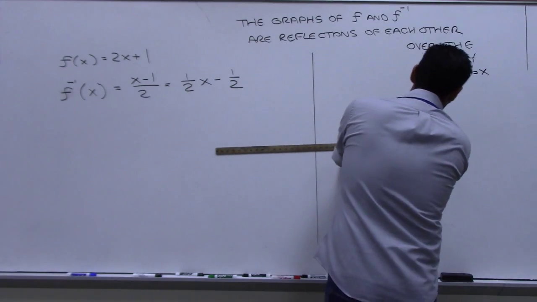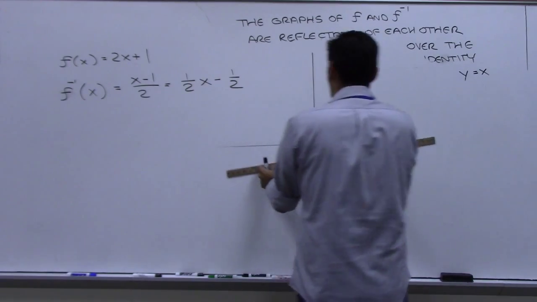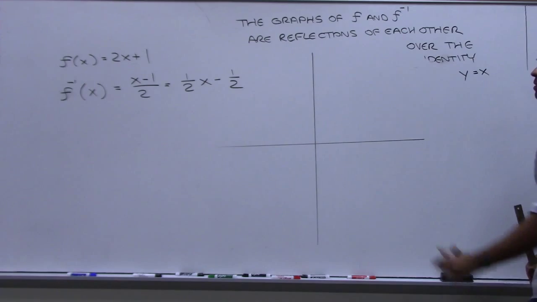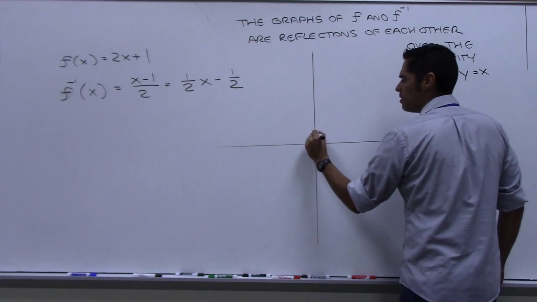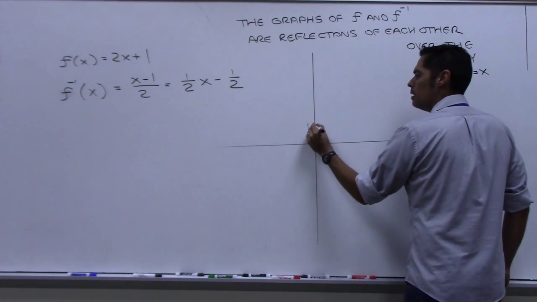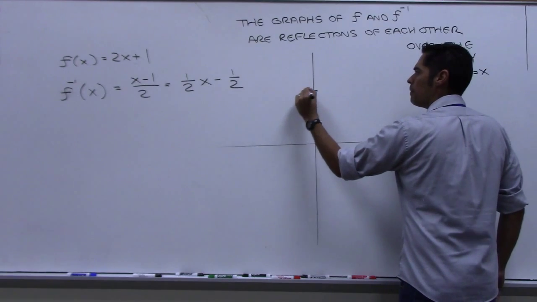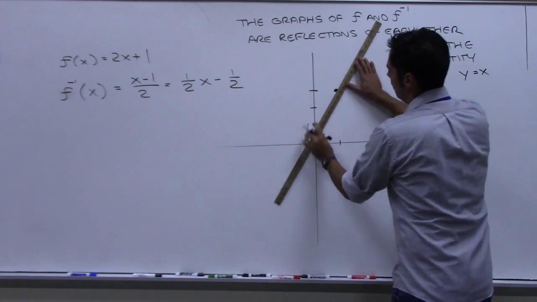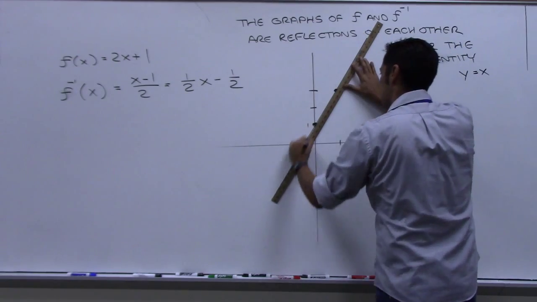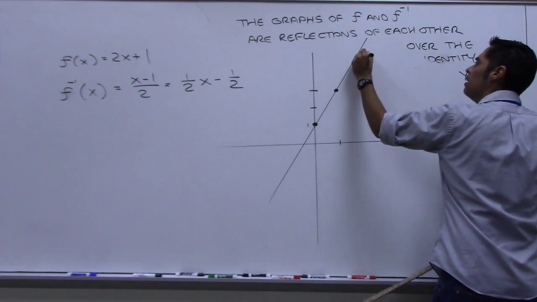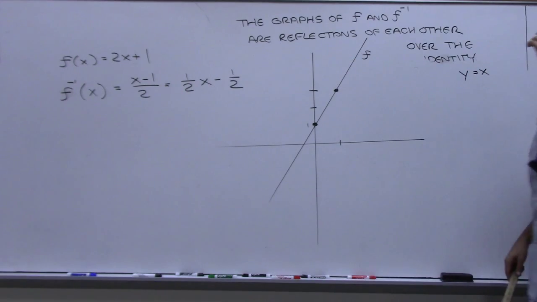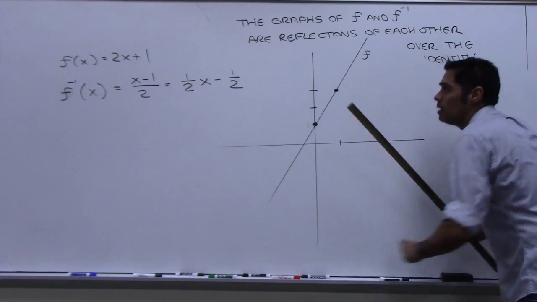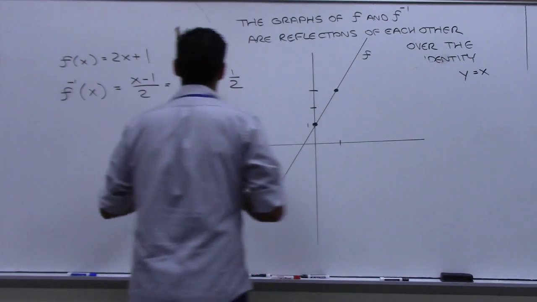All right, so let me do 2x plus 1 first. So that was a y-intercept of 1, up 2, over 1. So roughly speaking, that is f, isn't it? The inverse function, which I'll do in red, has a y-intercept of what?